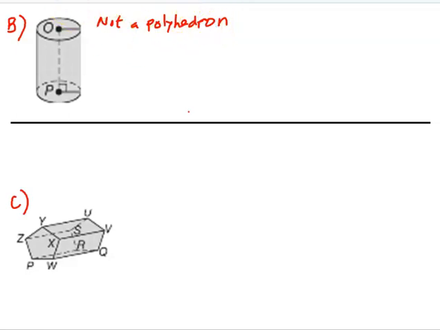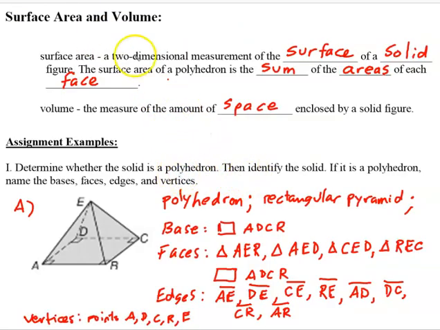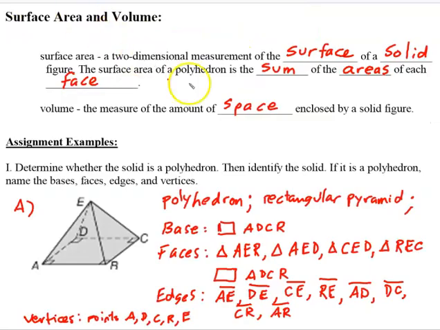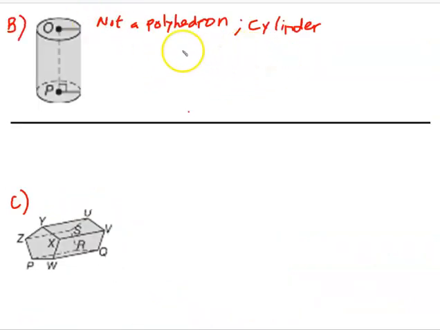Then identify the solid. It is a cylinder. And then if it is a polyhedron, we're supposed to name the bases, faces, edges, and vertices. But if it's not, then all you have to do is say that it isn't, but then you do need to go ahead and specify the shape that it is.